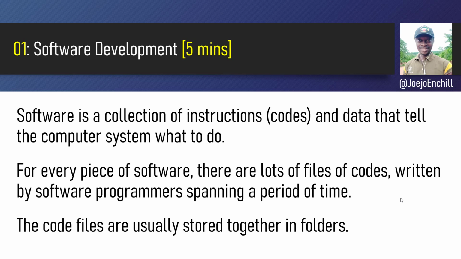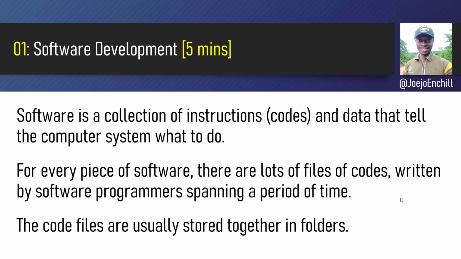Usually, it also involves a number of software developers working on the same piece of software. Therefore, multiple software developers can contribute on the same software, each of them writing his or her own instructions as part of the same software.